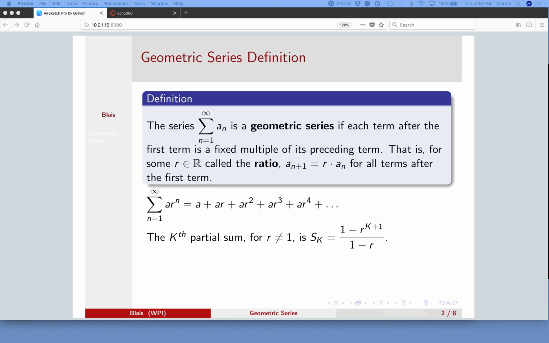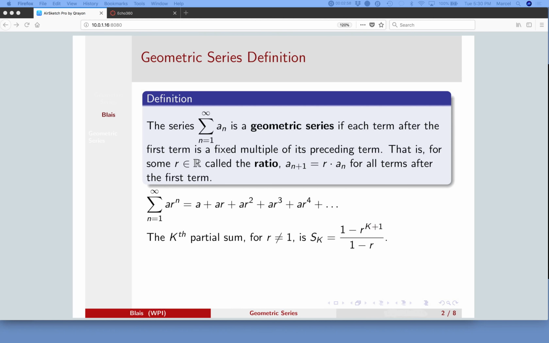And so remember, the series itself, if it does converge, it will converge to the limit of the kth partial sum. So look at this, and you can get a sense for the rules for convergence of a geometric series. Think about what conditions you need on r for this to be something finite.